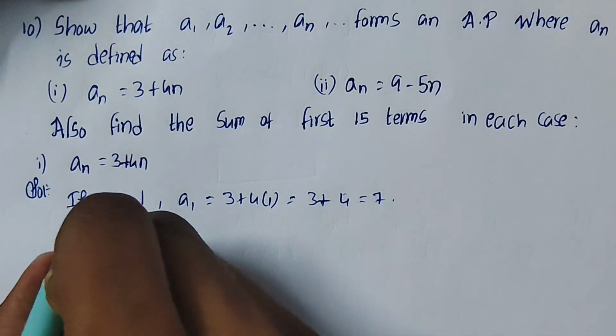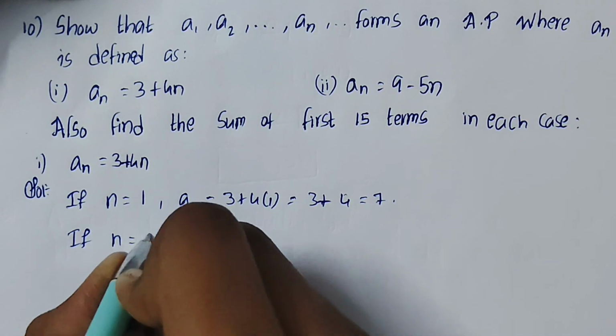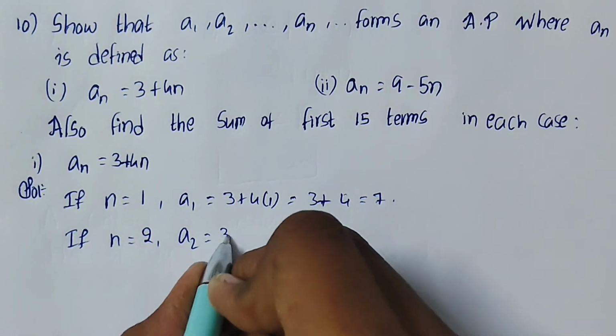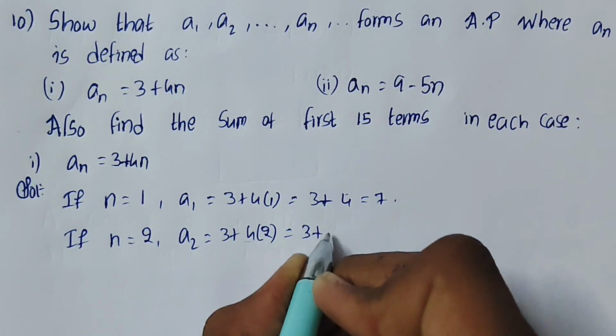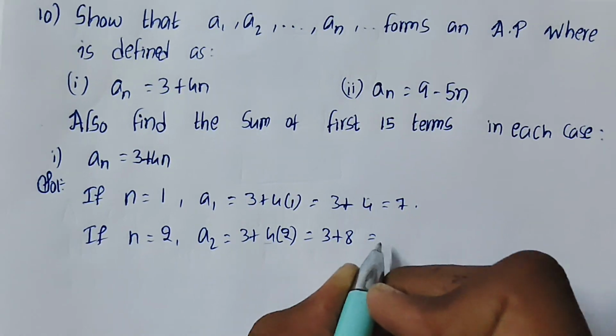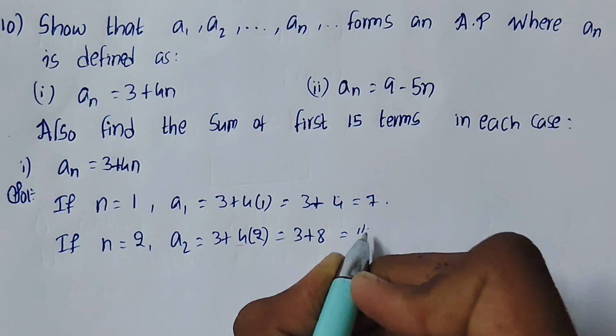After that, if n = 2, a2 = 3 + 4 into 2 = 3 + 8 = 11.